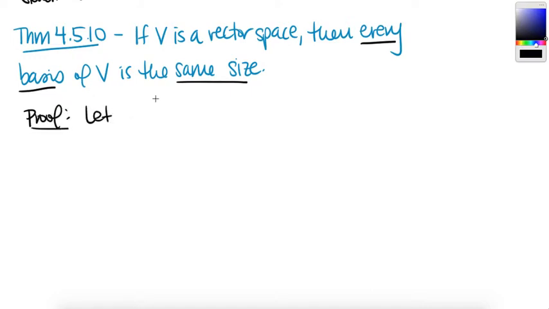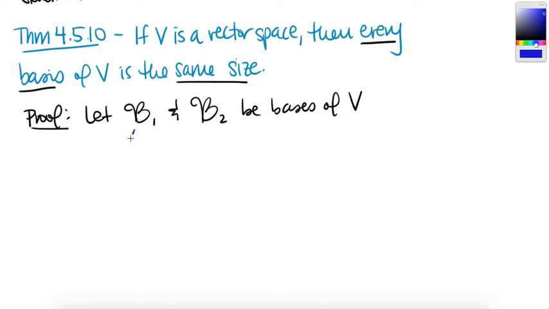So we're going to say every basis, so let's take two different bases. We have fancy B1 and fancy B2 be bases of V. And we are going to suppose here that B1 has m vectors and B2 has n vectors.